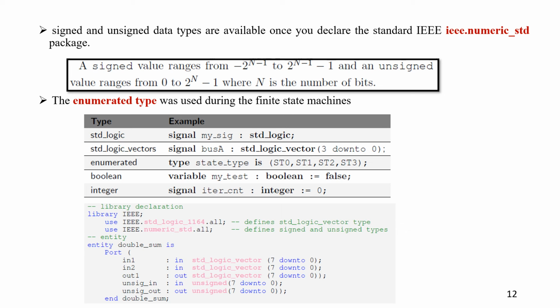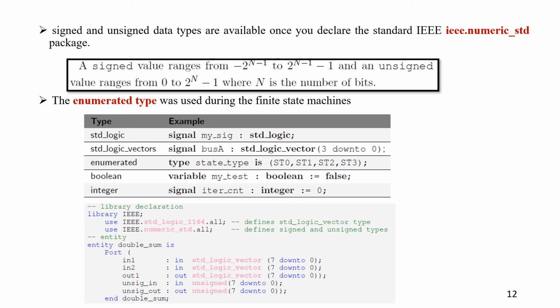Another important notice: the Boolean variable or data type has two different values, false or true.